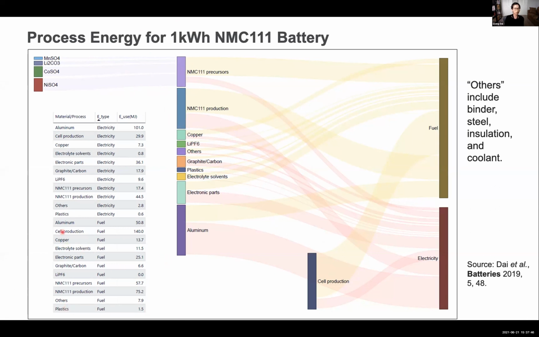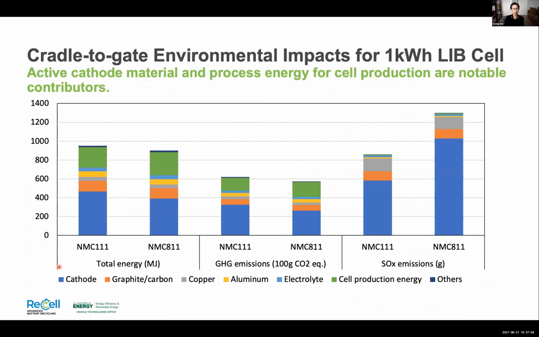Once we know all this information and put that into our GREET or EverBatt model, we will be able to evaluate the environmental impacts for battery production. From this chart, we can see that as identified earlier, the active cathode material shown in blue and the process energy used for cell production shown in green are the notable contributors to the environmental impacts for lithium-ion battery production.